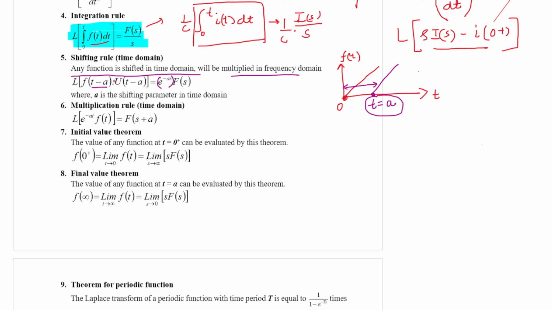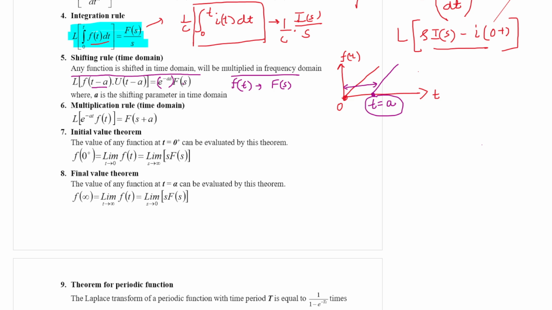Okay, the Laplace transform of f(t) is F(s). Now what is t minus a? It is the time shift. That time shift is reflected in the Laplace domain, or frequency domain, by this factor e to the power minus as into F(s).